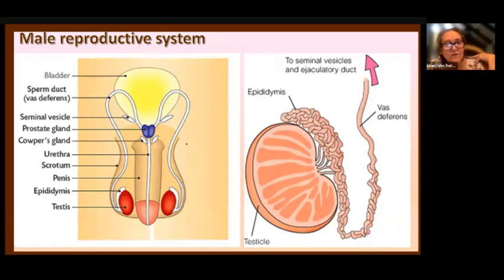So many men who've had their prostates removed will then use something like Viagra to be able to get an erection and have sex. It doesn't mean the end of sex just because you have your prostate removed.